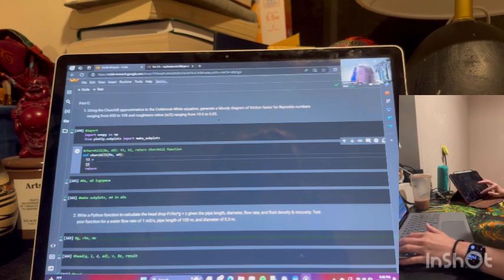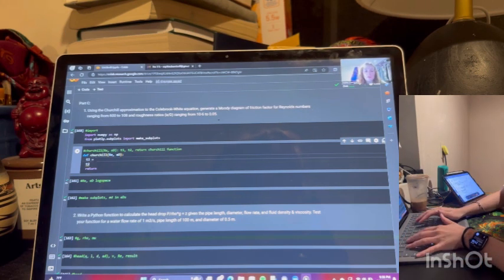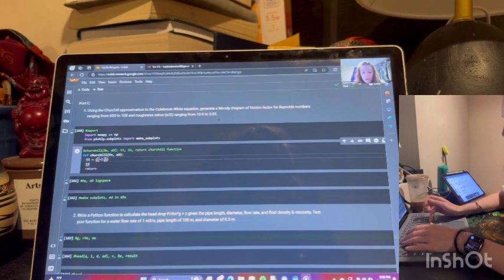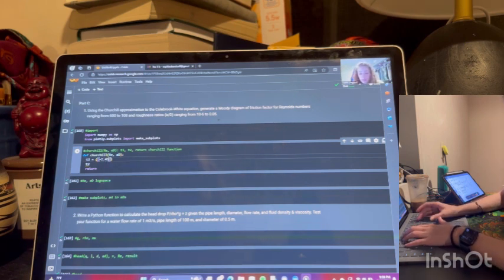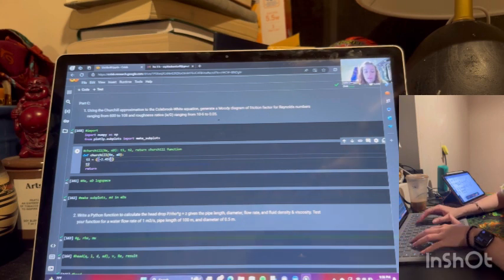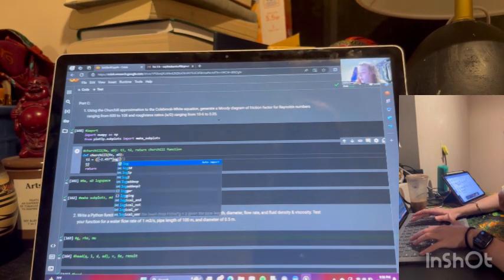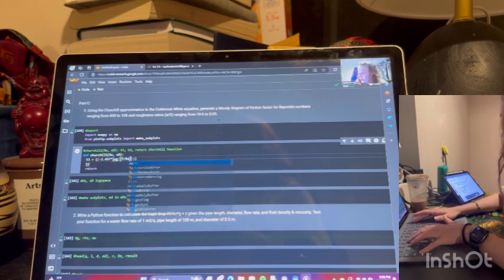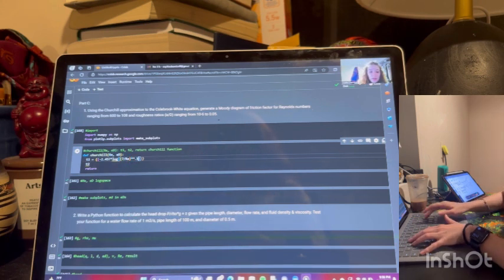So I have our equations written down. Theta 1 is going to be equal to negative 2.457 times the log of 7 over RE to the 0.9.